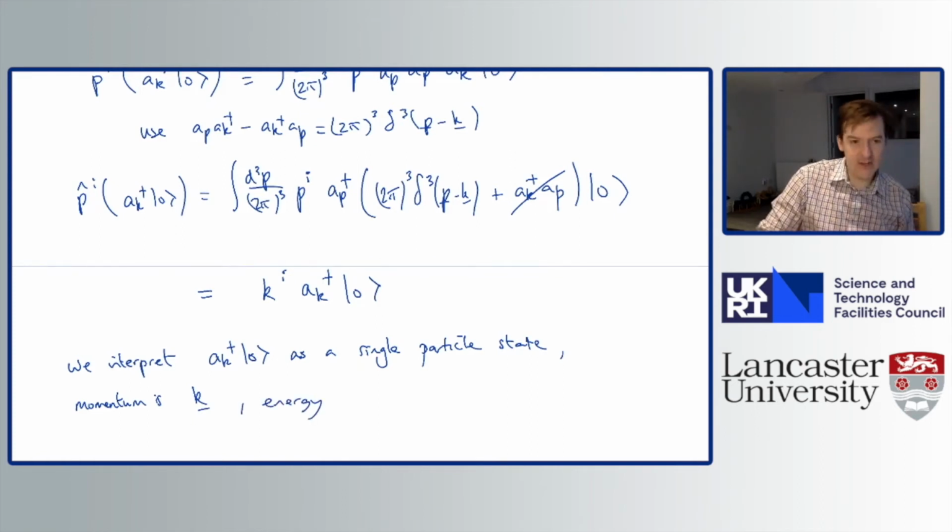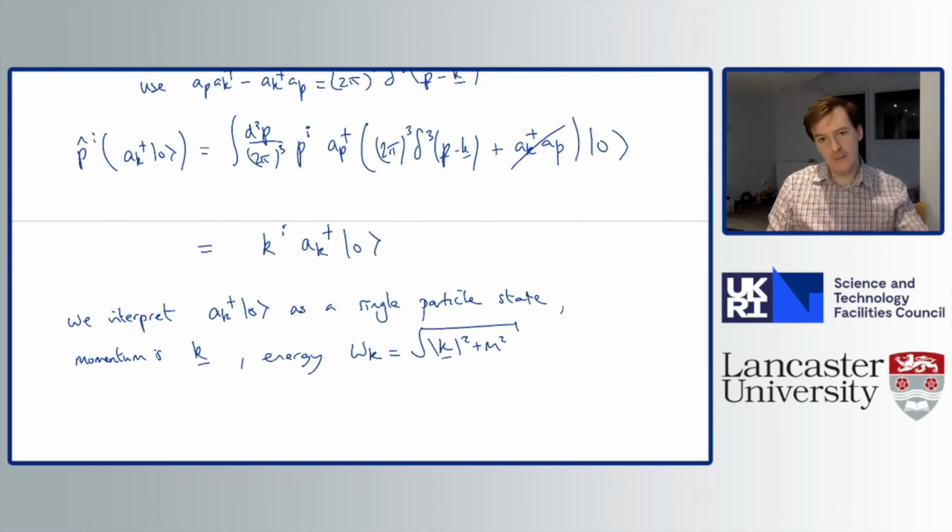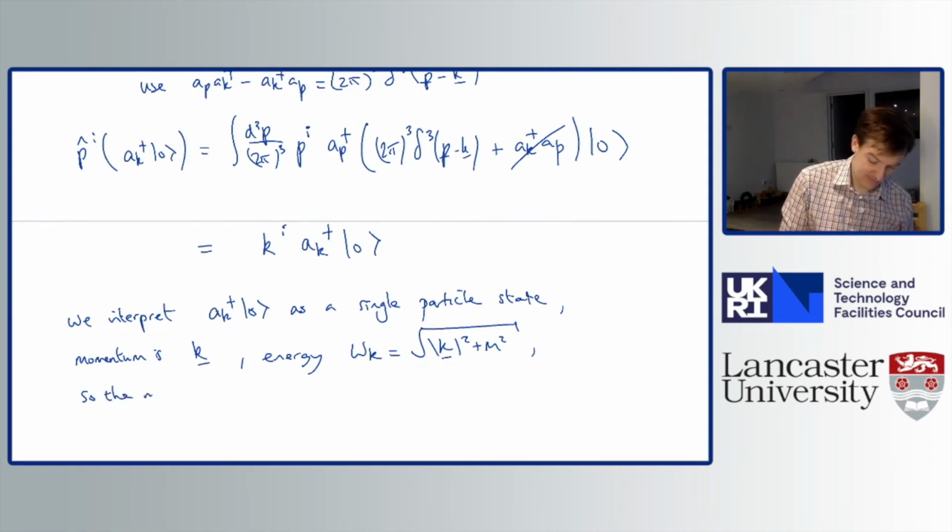We applied the Hamiltonian. We know the energy is omega_k. This omega_k satisfies omega_k squared equals k squared plus m squared. Okay, so omega_k really is the energy, k really is the momentum. We really do recover this single particle energy-momentum relationship. So this quantity m really is the mass.